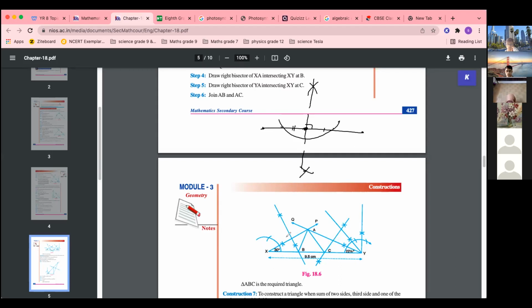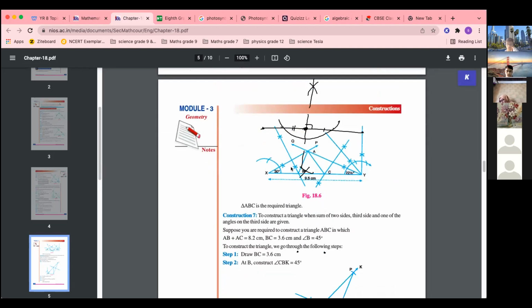So we drew the perpendicular bisector of XA and the perpendicular bisector of AY. When we draw these, the two bisectors cut the perimeter line at 2 points. These 2 points are B and C. Now join A, B, C. Join AB and AC. This will be your required triangle. Okay, is it clear?